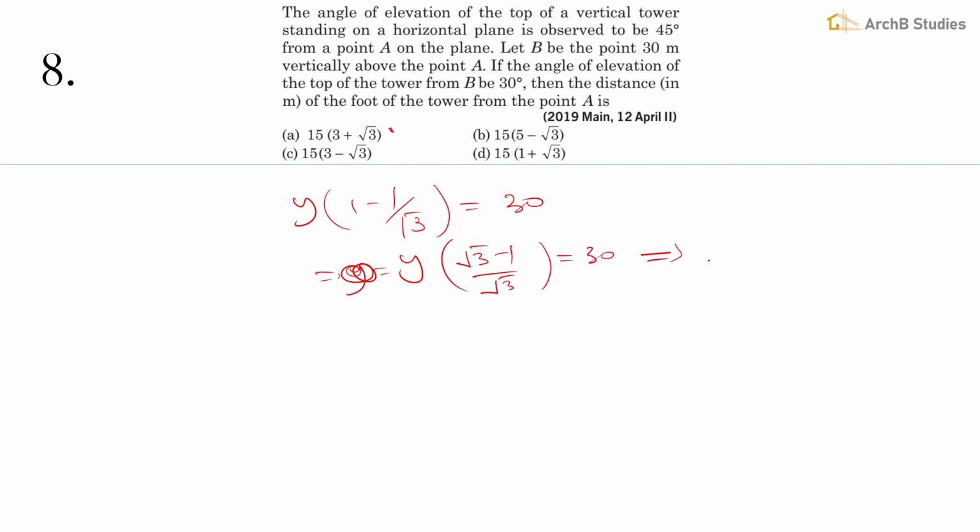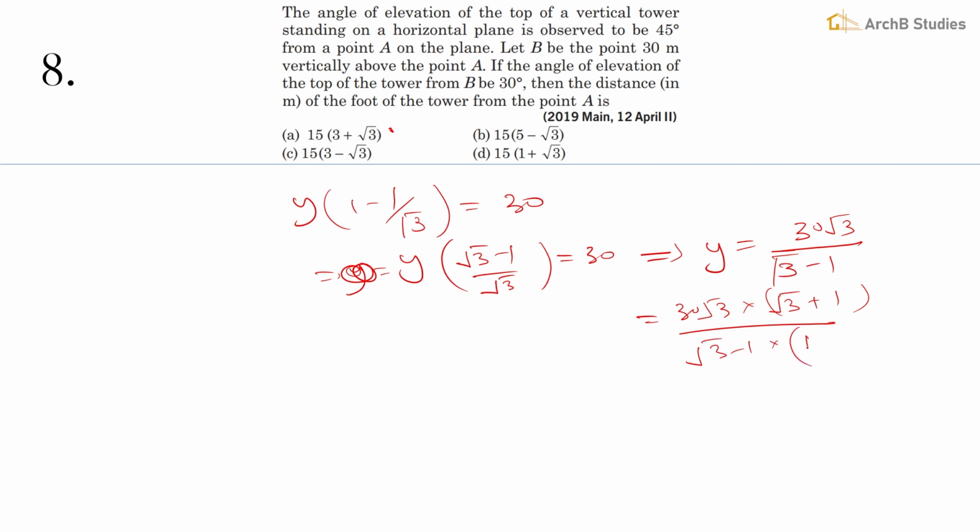Now we have the value of y as 30 root 3 divided by root 3 minus 1, which is equal to 30 root 3 multiplied by root 3 plus 1 upon root 3 minus 1 multiplied by root 3 plus 1. To rationalize, we do like this: 30 root 3 into root 3 plus 1.